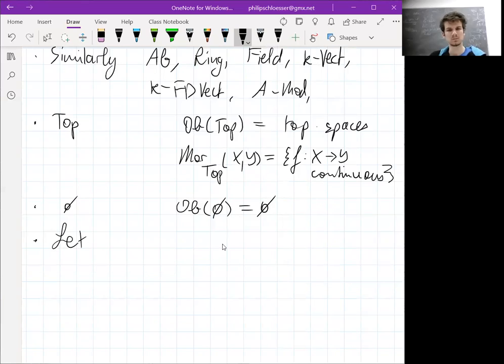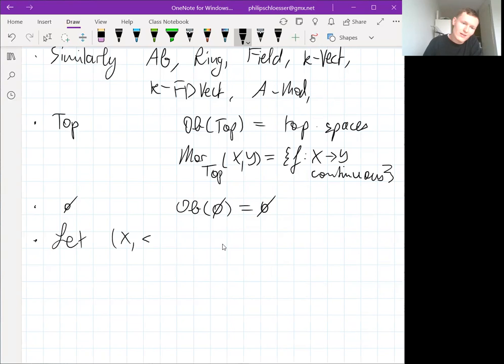And now for an example that may seem a bit weird or uninteresting. We have a partially ordered set X with the relation smaller than or equal to.